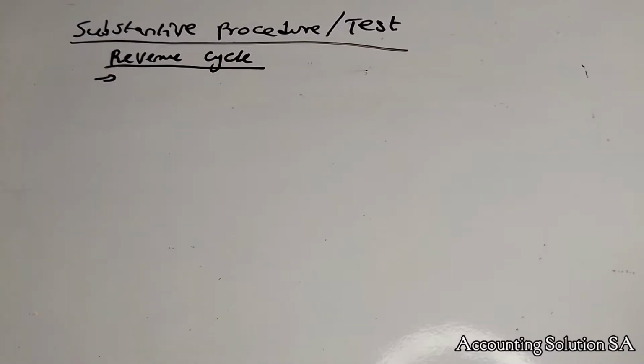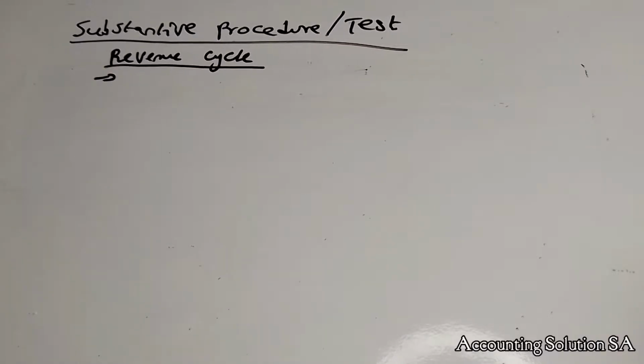The first thing that we have to do when we check on a revenue cycle, remember the revenue is the same as what? As sales. So we are performing a substantive procedure on the revenue cycle. We want to be sure that all sales that have been recorded are very correct. So how are we going to do that?